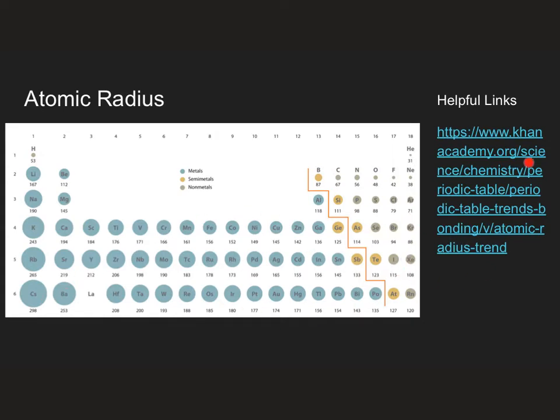Like I said, I will put some other links on there. This is about a 10-minute video where they explain in Khan Academy the whole thing about how it's not an exact thing to find the radius, how they might go about doing that, and what this actually means. I think it's simple enough to say, look, go right to left, it gets bigger. Go top to bottom, gets bigger.